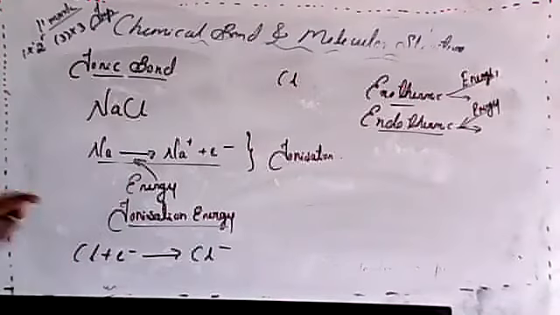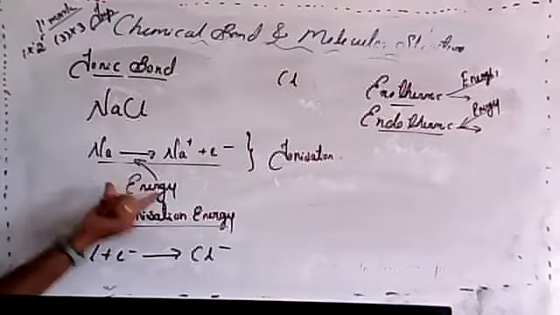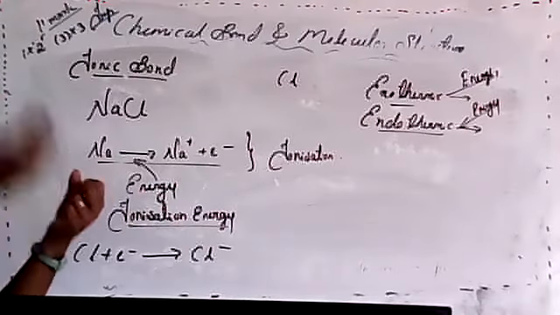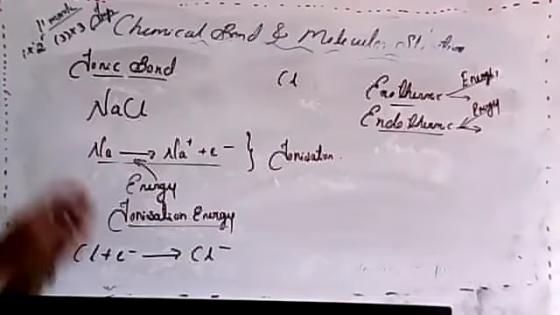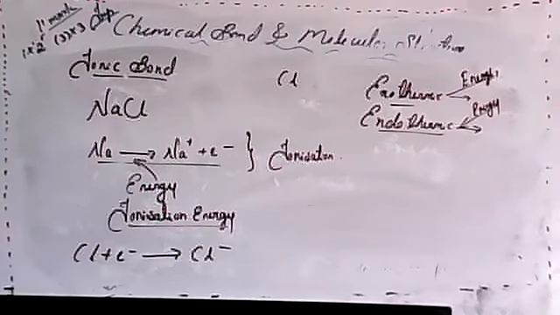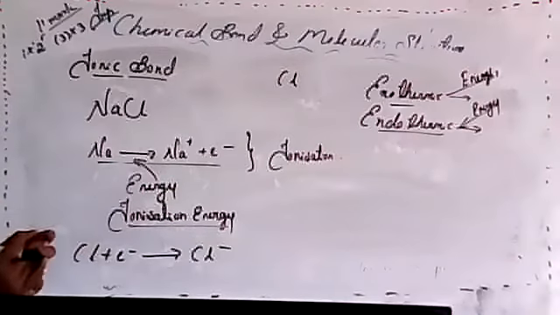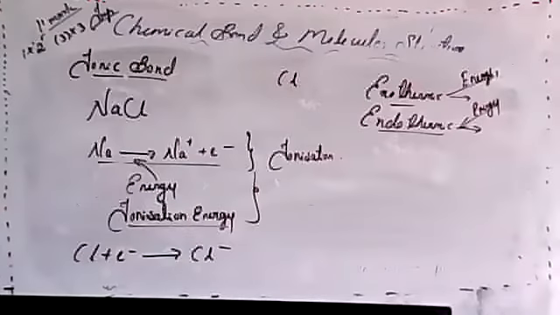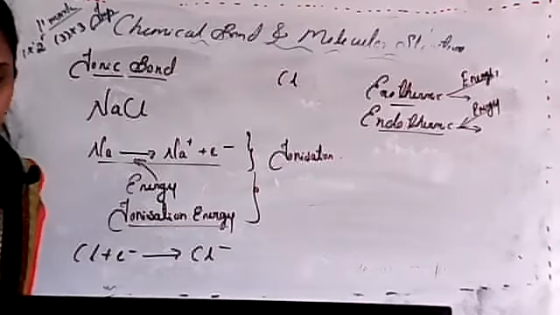So now, I told you, in this phenomenon you have to give energy to convert it into sodium ion, isn't it? In that case, which type of system is it? Exothermic system or endothermic system, student? Reply. Exo or endo?